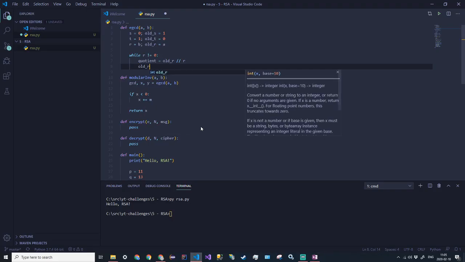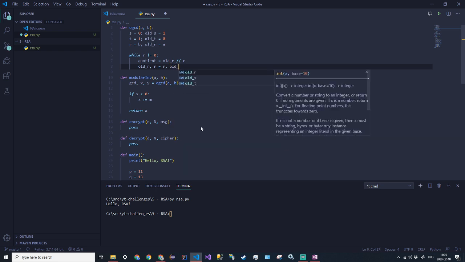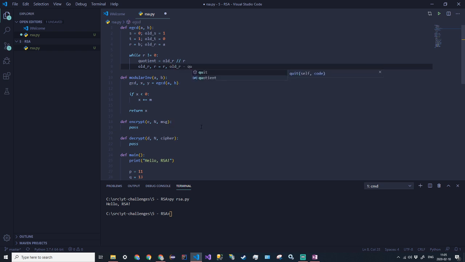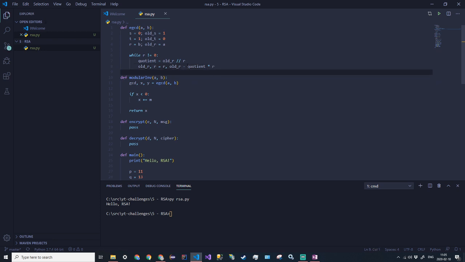Then old r and r is going to equal r, comma old r minus quotient times r. So you can kind of see how this is the remainder, so this is the balancing constant, and this is just the coefficient in there that we want.